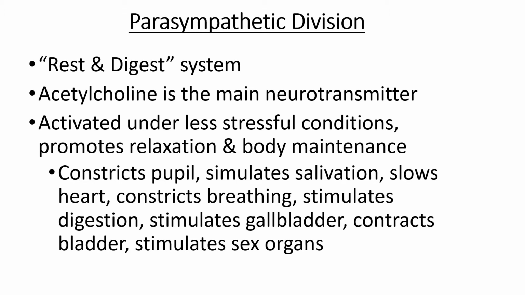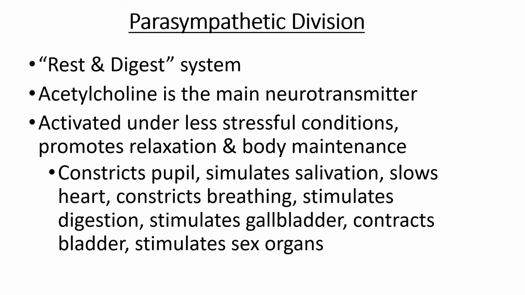So this system is increased or activated. Let's say activated, but I try to reserve that for the sympathetic system. So the tone of the parasympathetic system is increased, and that's going to typically be under resting conditions, less stress occurring, there's no threat to the body, and it's time to eat, for example.